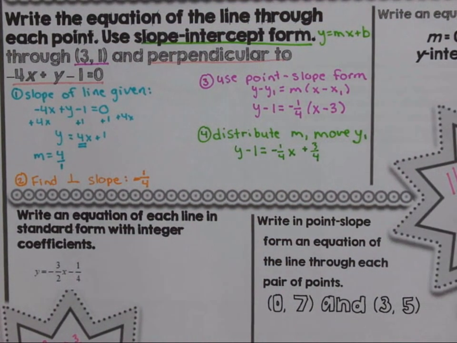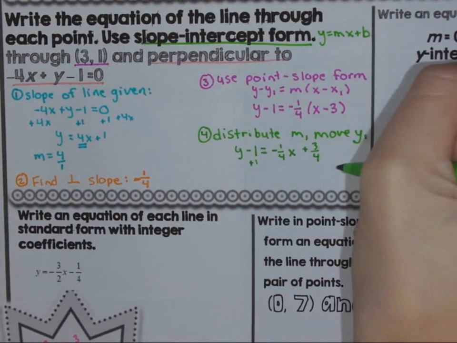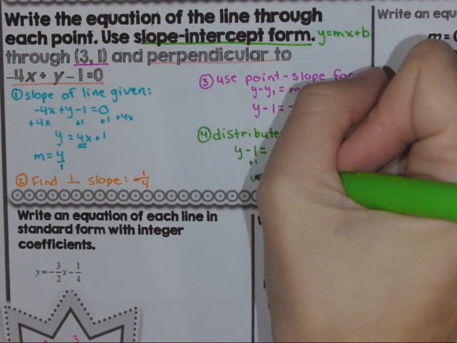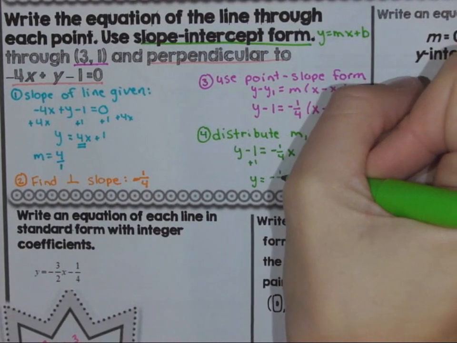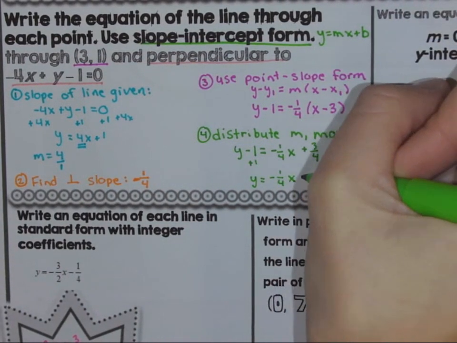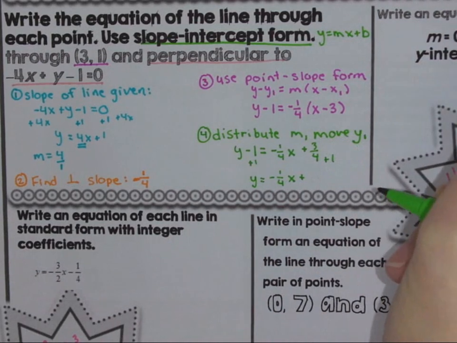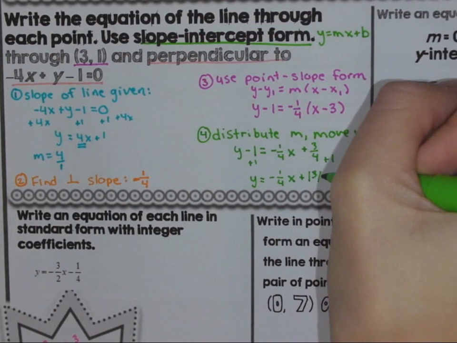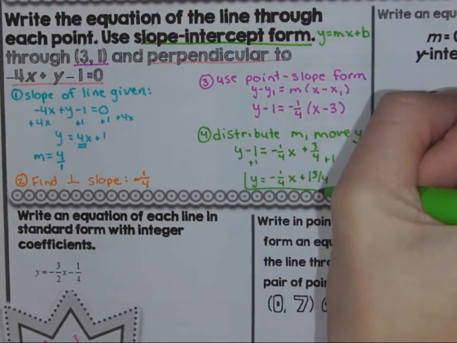And then lastly, we're going to add 1 to both sides. So when we add 1 to both sides, we get a final answer of y equals -1/4 x plus, you could write this as 7/4, or you could just go ahead and leave it as 1 3/4.